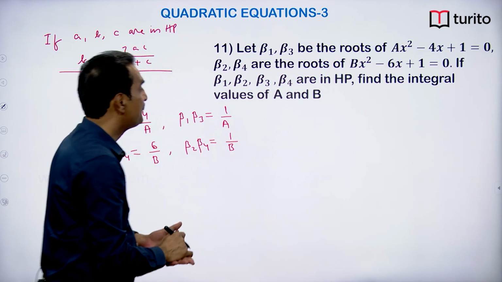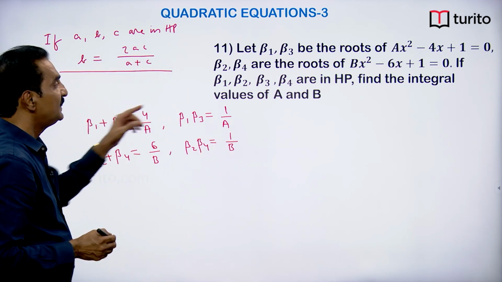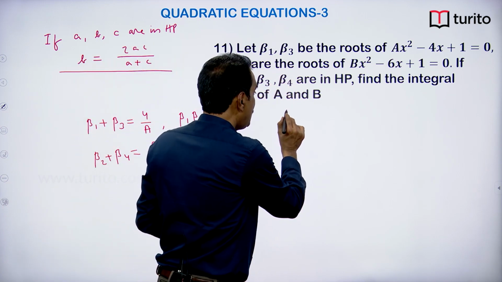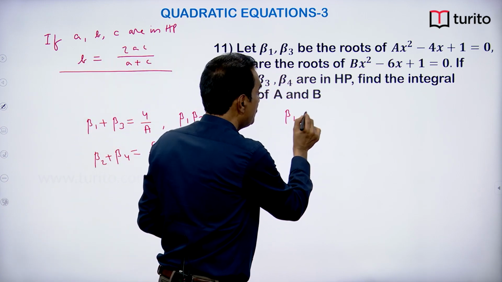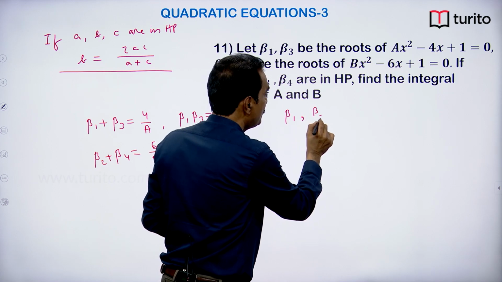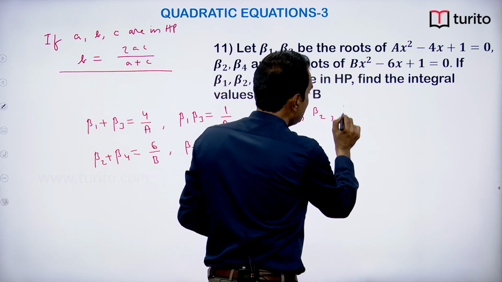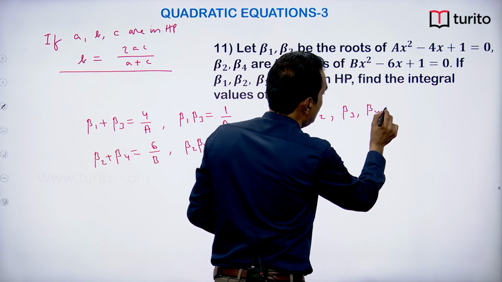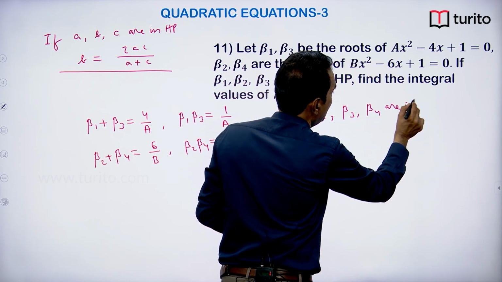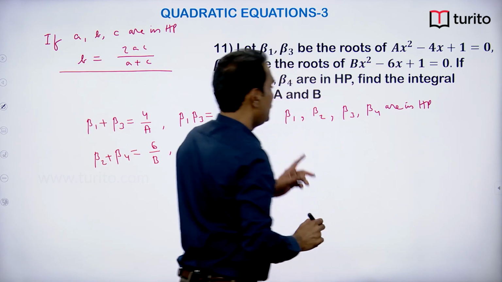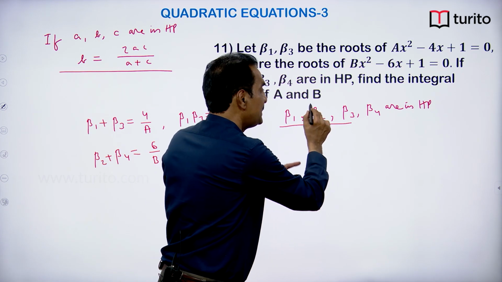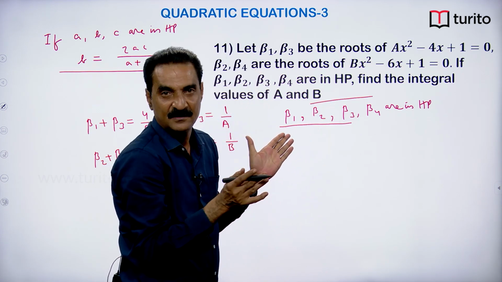Okay. Now, let us take this statement. Beta 1, beta 2, beta 3, beta 4 are in HP. If they are in HP, these 3 are in HP, these 3 are in HP separately.